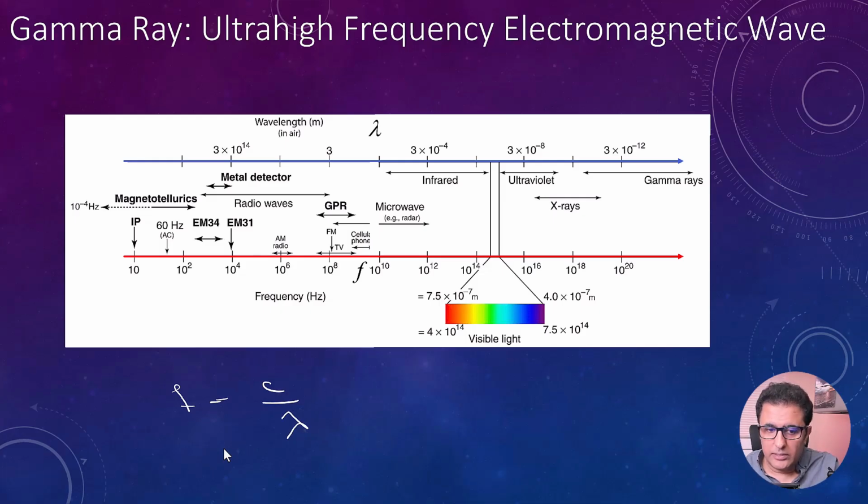So frequency is proportional to the reciprocal of wavelength. Higher frequencies mean shorter wavelengths. Okay, so when you look at it here, you see that gamma ray is a kind of ultra high frequency electromagnetic wave with a frequency on the order of 10 to the power of 20 hertz.